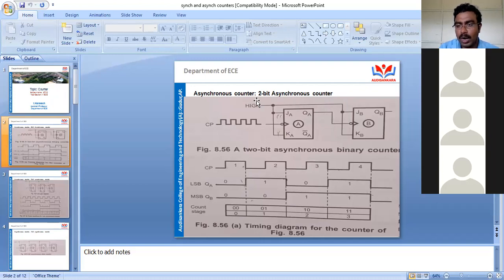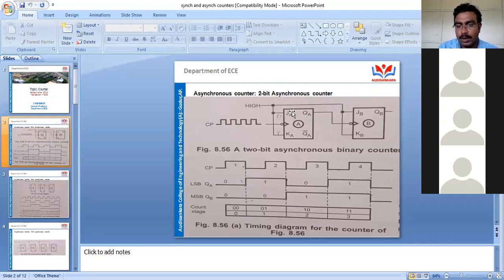High means 1. Always JA, KA, JB, KB are 1 actually. Both the flip-flop inputs are always kept at high input, meaning 1.